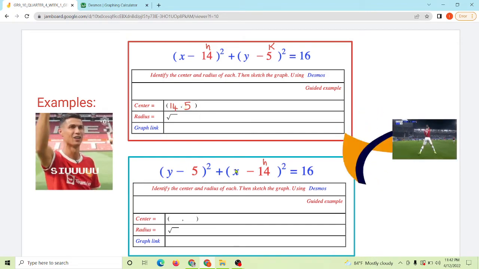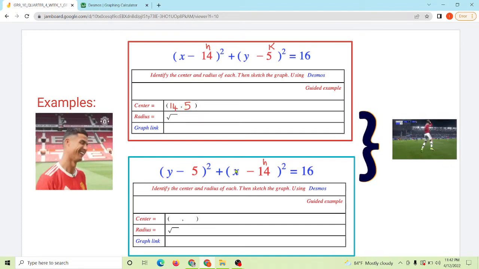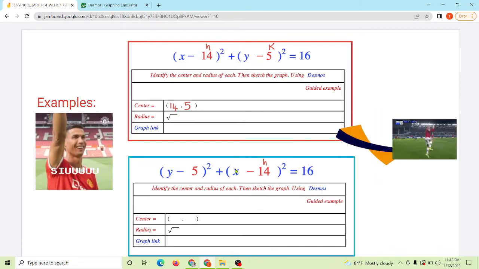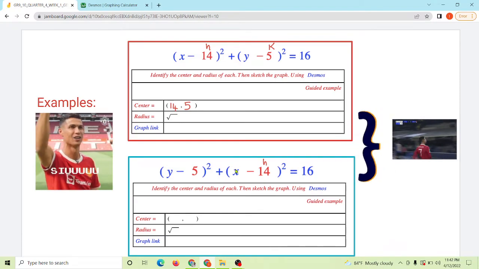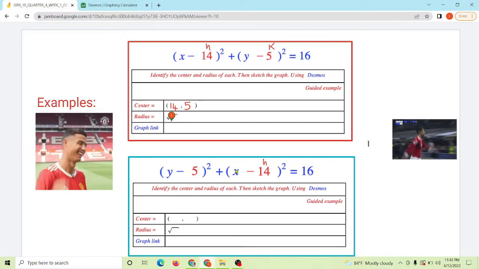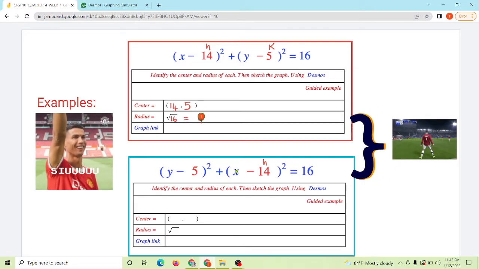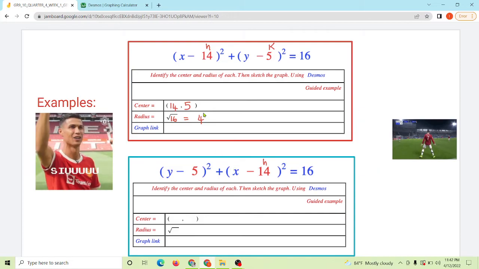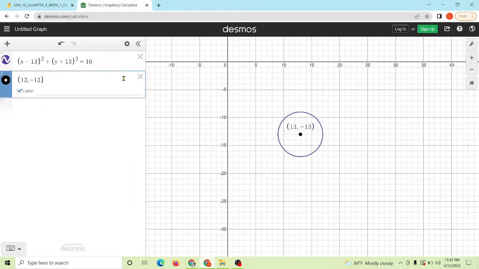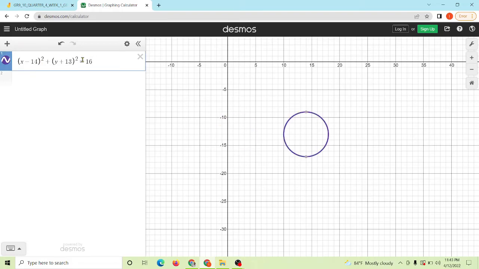How do we find the radius? Well, we just take the square root of 16. And the square root of 16 is equal to 4. Right, now let's check this using decimals. So x minus 14 and y minus 5.